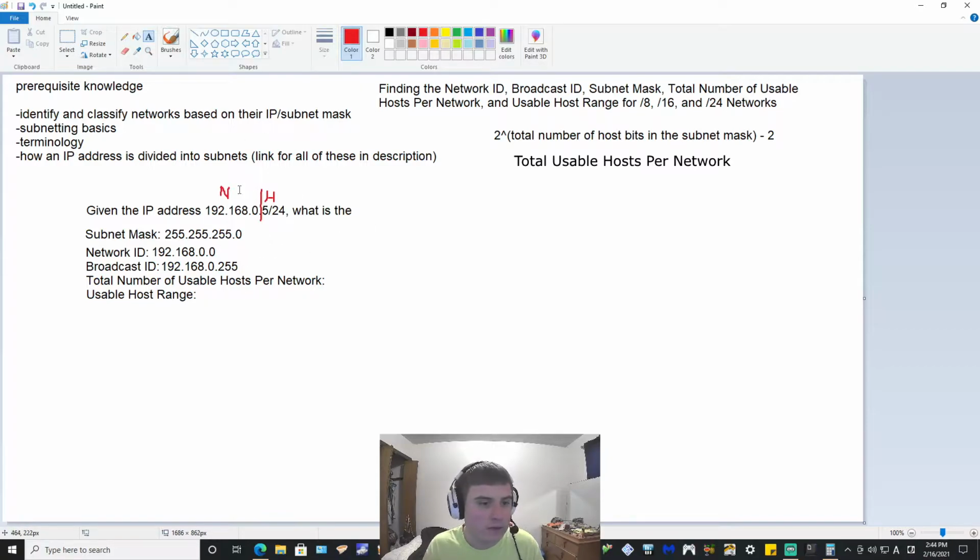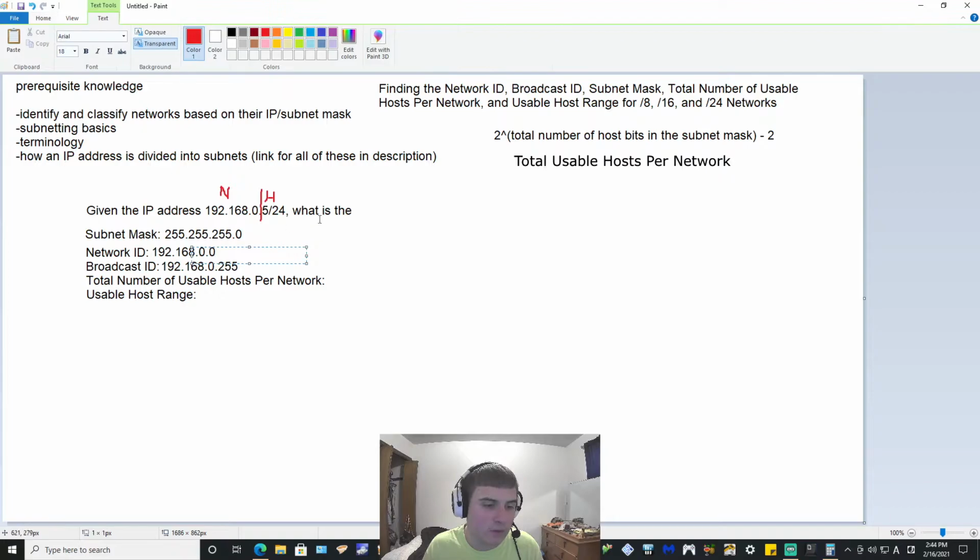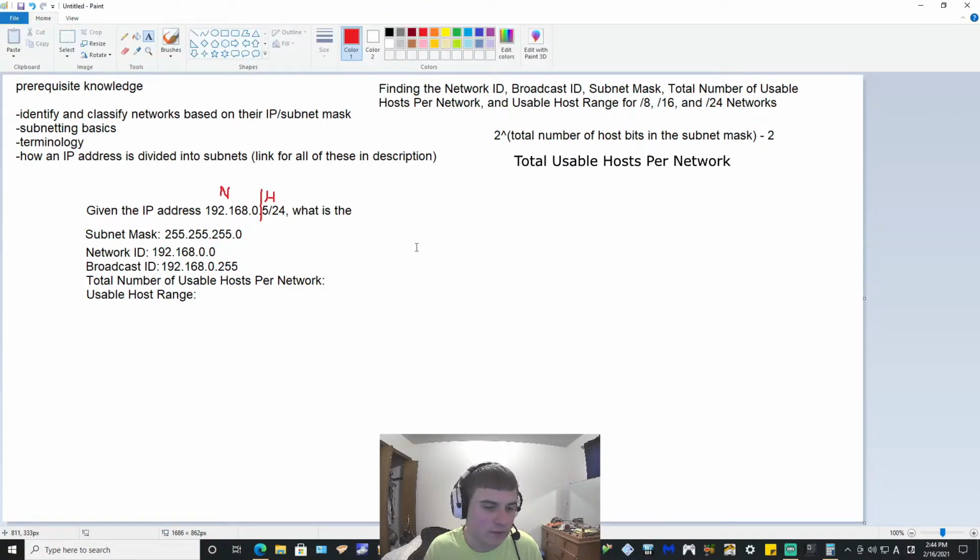If you have a device connected to your network with this subnet mask, you're never going to have a device with the private IPv4 address of 192.168.0.0. Similarly, you're not going to have a device with 192.168.0.255. But you can have any number in between those, and that's where the minus 2 comes from.